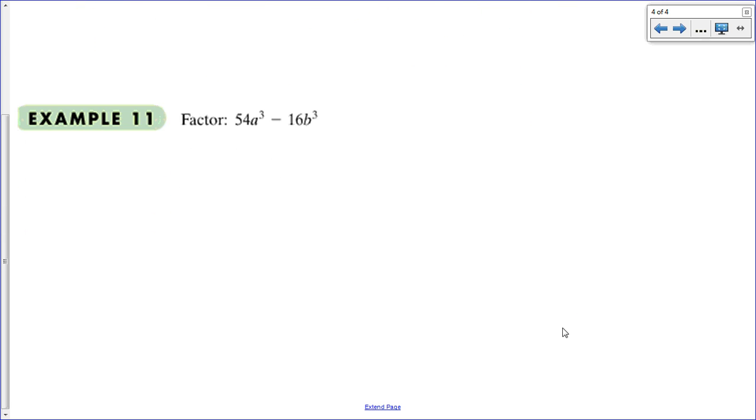Okay, and we have one more to go. This is the last one. And for this one, you could tell that the numbers are not perfect cubes. However, we could factor out by a number. And let's see if we could factor out by 2.